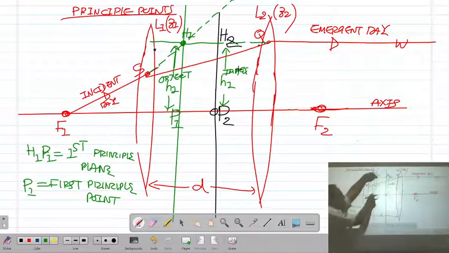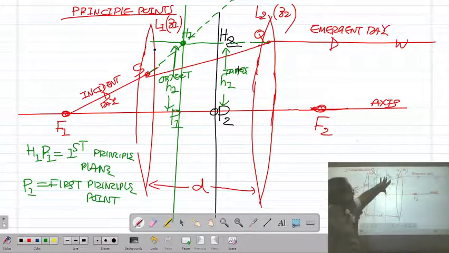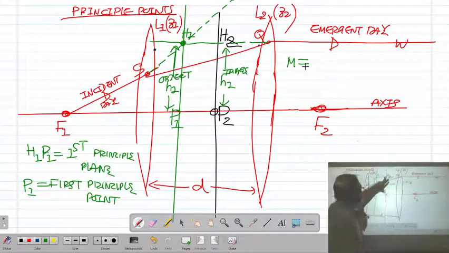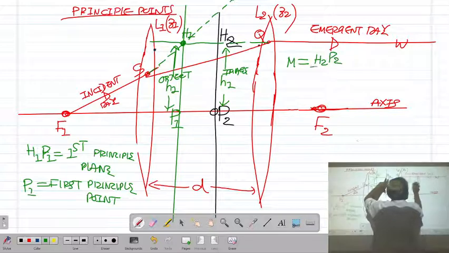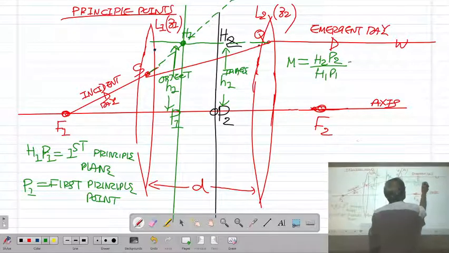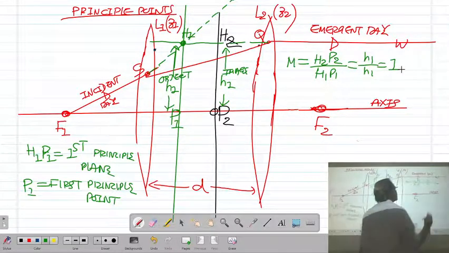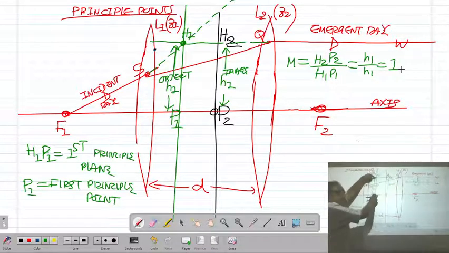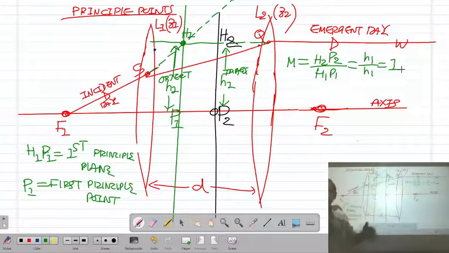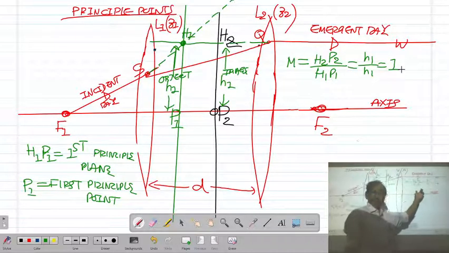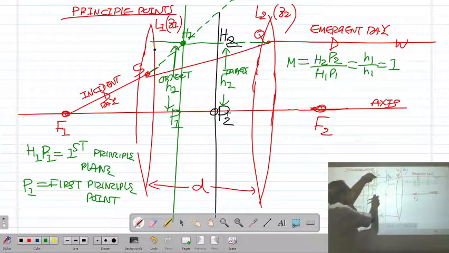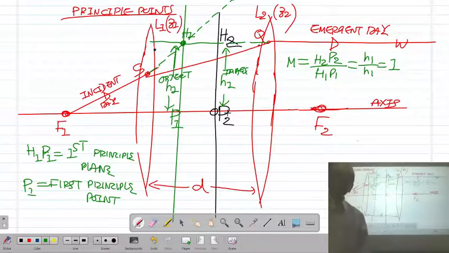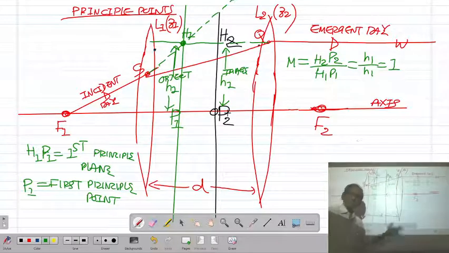Lateral magnification is defined as the height of the image H2P2 upon the height of the object H1P1. Both heights are the same, so the lateral magnification of the principal planes is 1. Therefore principal points are known as points of unit magnification.